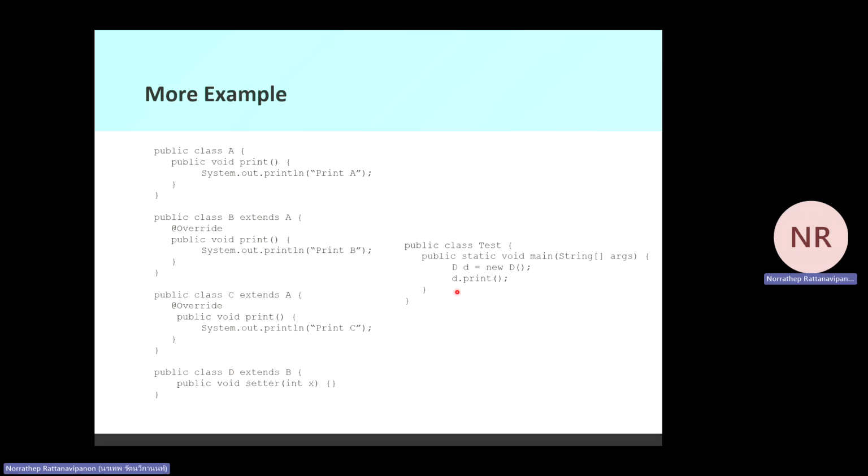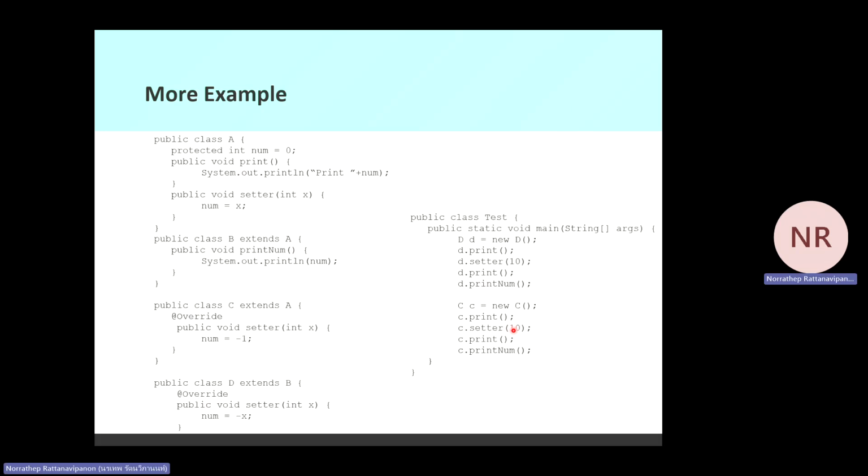And from there, I want to see what happens if I create a D object and I want to call print. First of all, can the object access the print method here? If it can, what would be the output? And so on and so forth. I also have more examples, and this one is for you to try, okay? And then we can discuss in class.